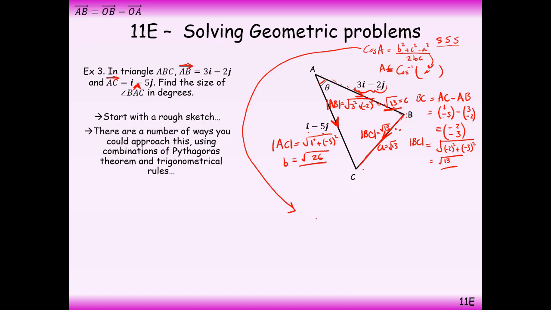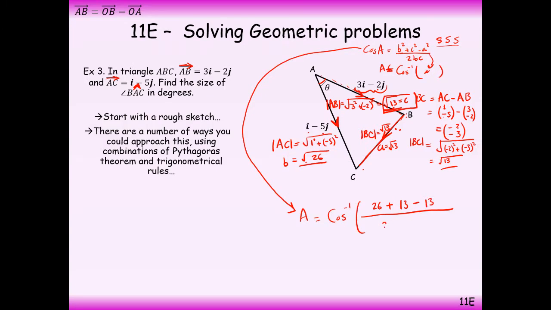So substituting that into this equation, we'll be taking cos inverse of b squared, which means 26 because the square root will cancel away, plus c squared. c is root 13, so c squared is 13 itself, and minus a squared, which is 13.